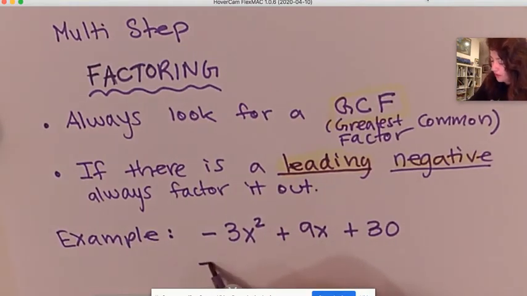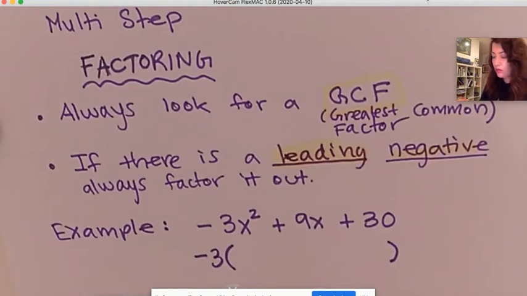So when I factor out a negative 3, that means I divide by the negative 3, or you can actually multiply. So I can say negative 3 times what number will give me x squared, and that is x squared. Negative 3 times what number will give me 9x?